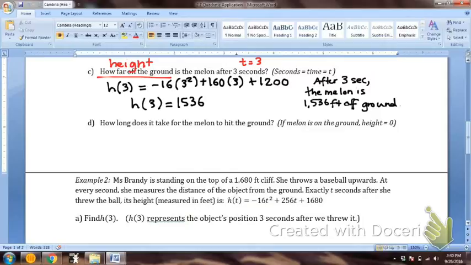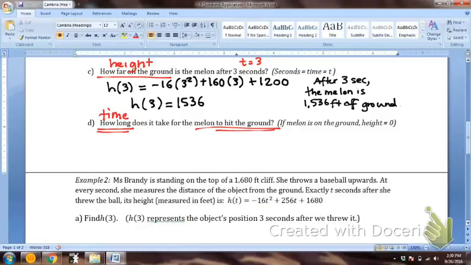Okay, letter D, it says, how long does it take for the melon to hit the ground? All right, so what's it asking us? How long? It's asking us for time when the melon hits the ground. If the melon is on the ground, how tall are we? Are we off the ground at all? No, so what's our height? 0.